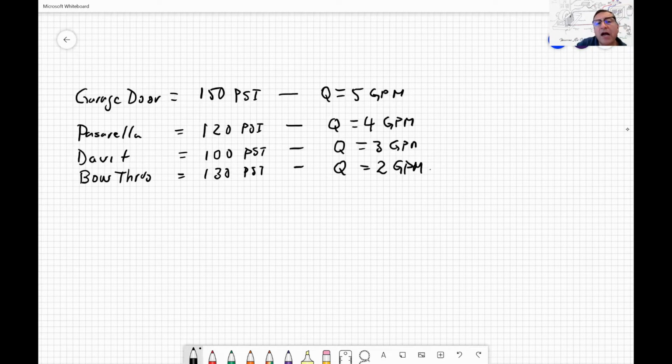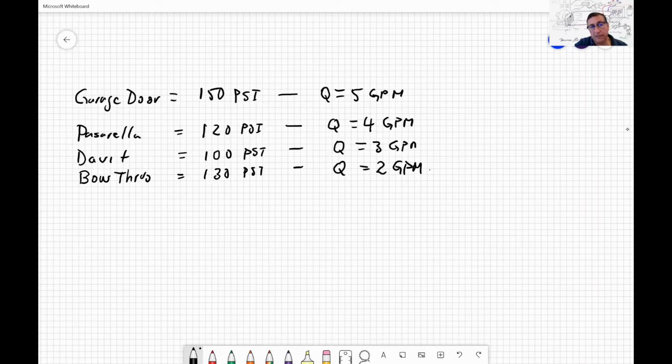The garage door requires 150 psi with a flow of 5 gallons per minute. The Pasarela, 120 PSI and 4 gallons. The David, 100 PSI with 3 gallons per minute. And the bow thruster, 130 PSI with 2 gallons per minute. That's correct, my friends?